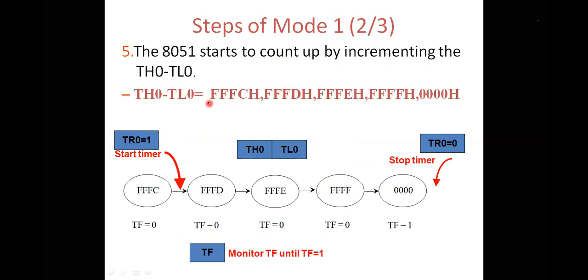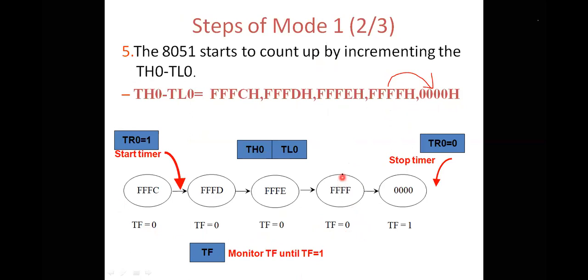What is that value? FFFC, FFFD, FFFE, FFFF. This is the maximum value of timer 0 in mode 1. After FFFF, it rolls over to the initial value 0000. Until this situation, the timer overflow flag bit is 0.